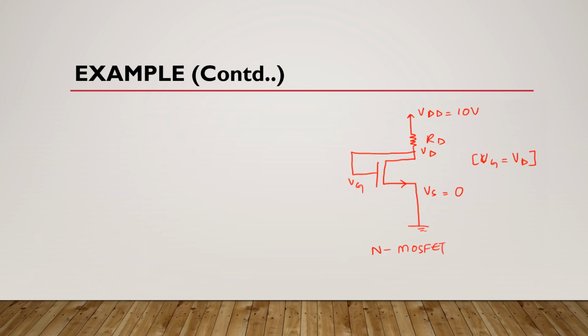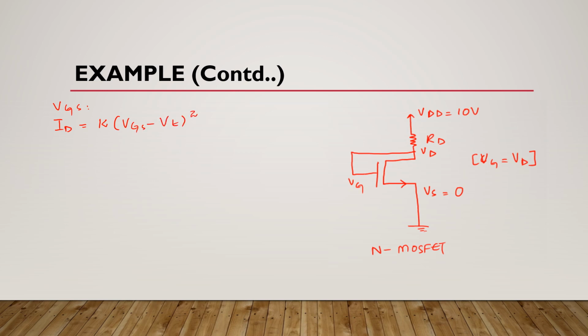Now we will find gate to source voltage. We know that in saturation region the equation of drain current is K times Vgs minus Vt whole square.